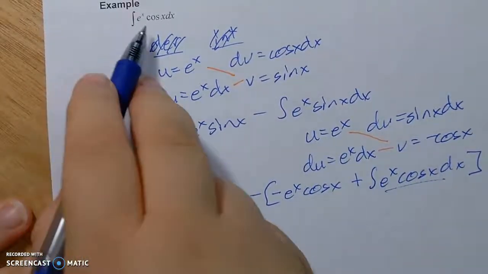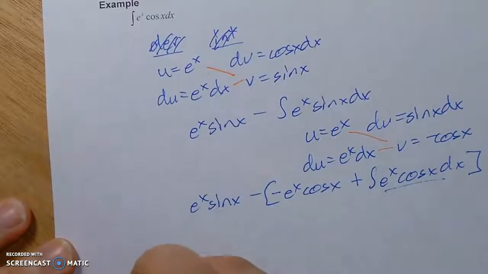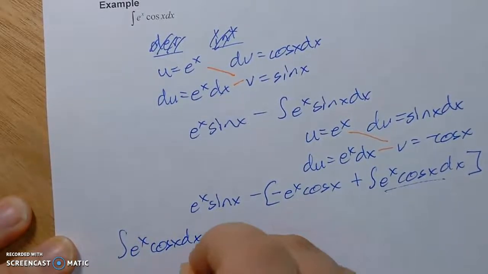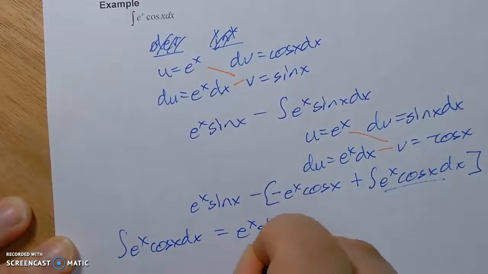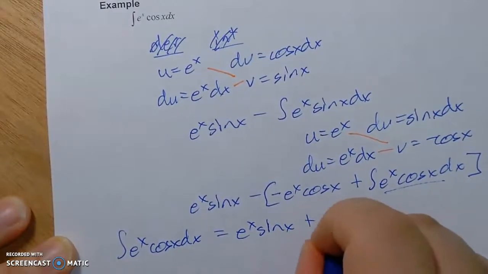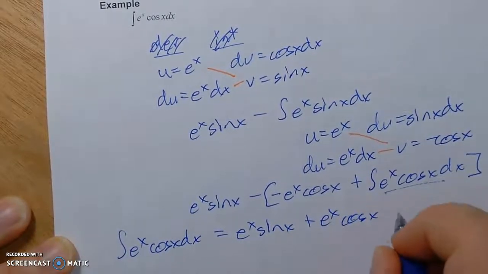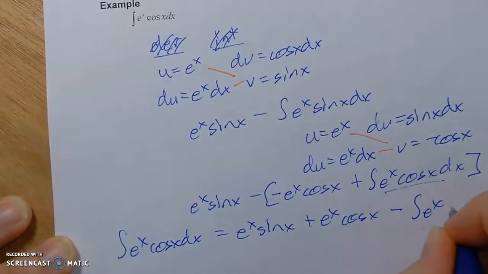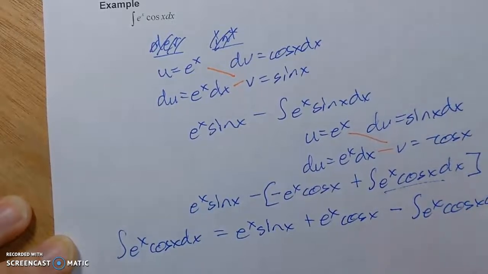So if we put these, this is supposed to be equal, so integral e to the x cosine x equals e to the x sine x plus e to the x cosine x minus the integral of e to the x cosine x dx.